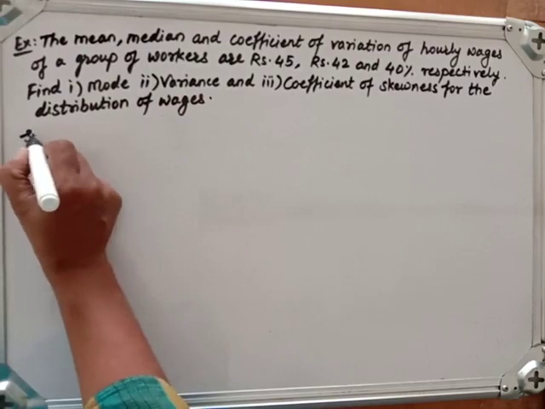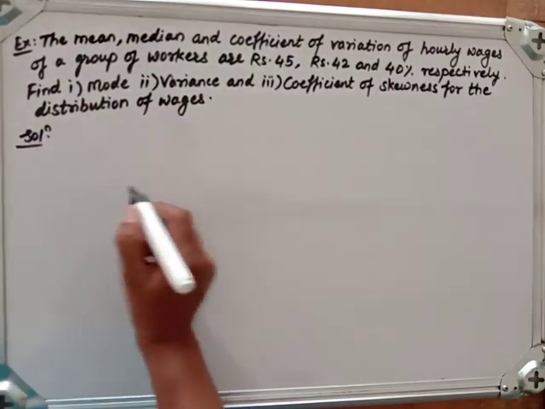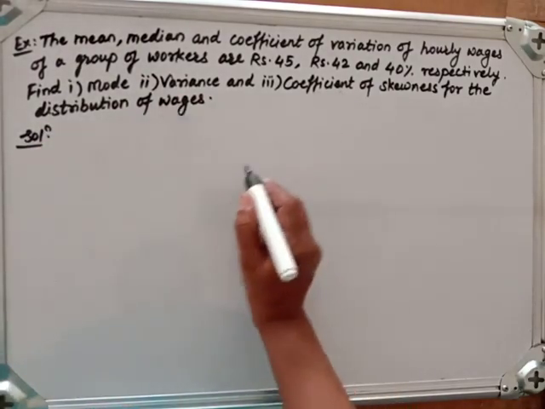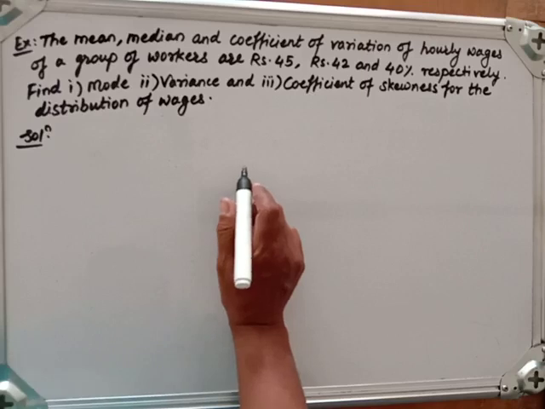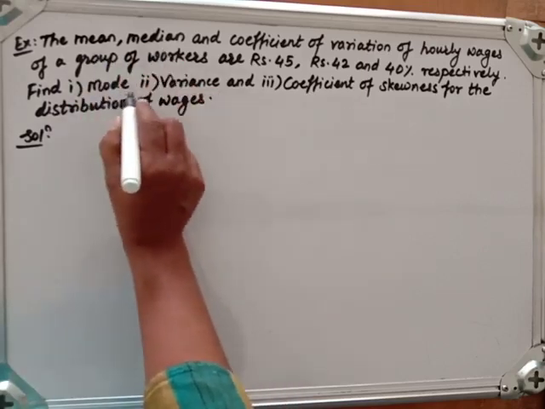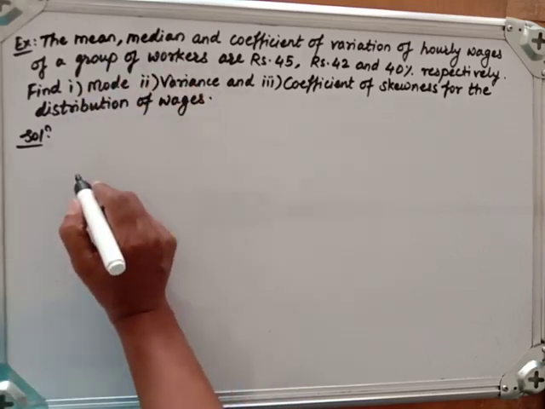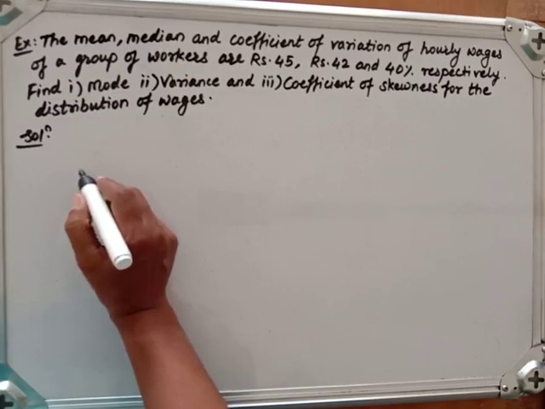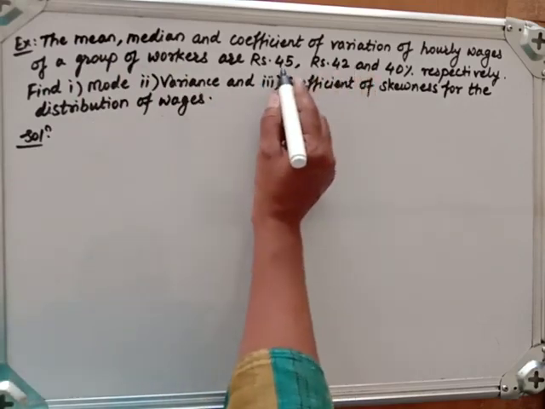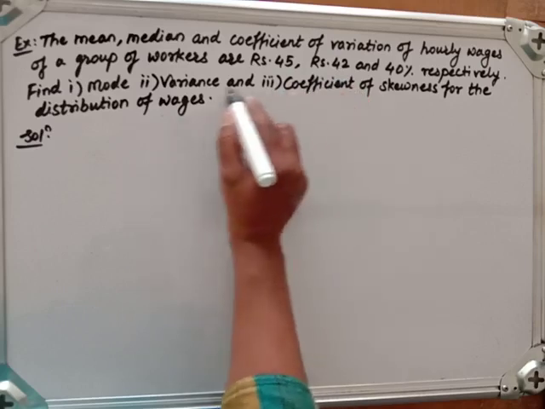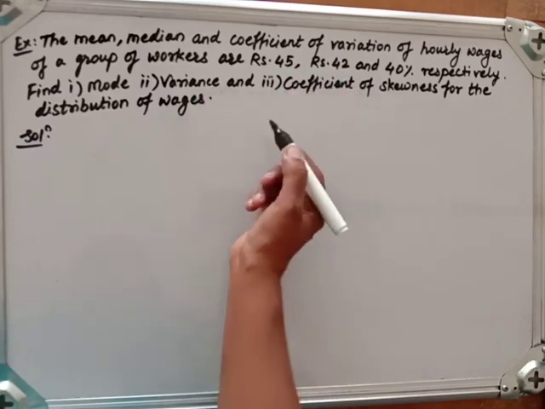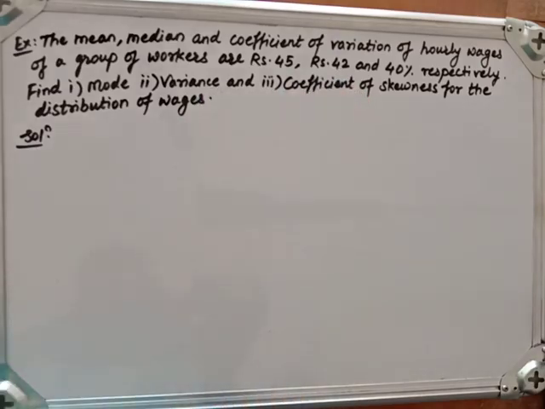Okay. Solution. Mode, variance and coefficient of skewness we have to find. So mean, median we have with us. Let us find out mode using empirical relation first. Coefficient of variation is with us. From that we can easily determine variance. Once we get the standard deviation we can get the variance, and coefficient of skewness is very easy as well.